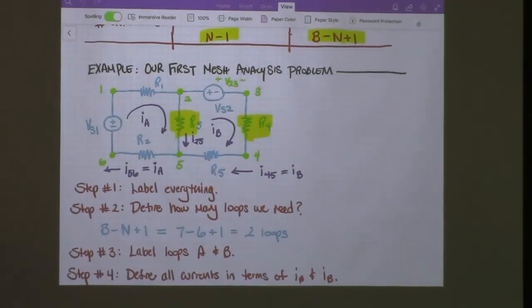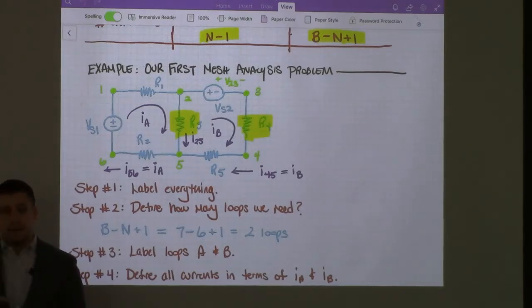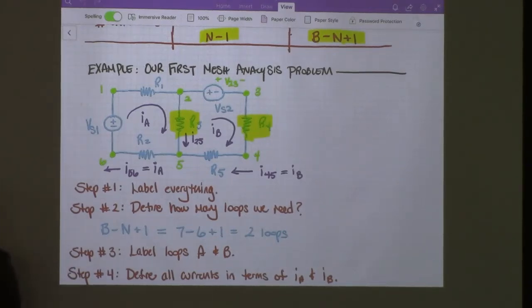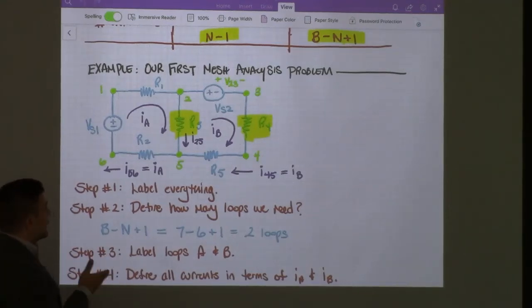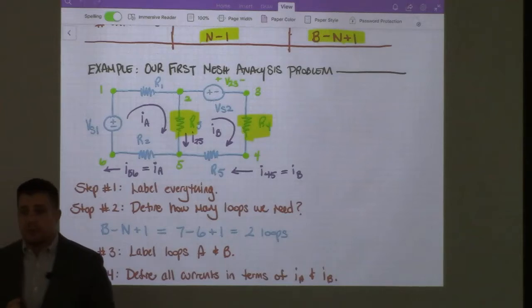The only requirements for the loops are that they can't be the same loop, they must complete a full circuit, starting from one point and coming back to that same point, and they can't pass through the same branch twice. So you can't do a figure 8 where, let's say, IB crosses through R3 two times.